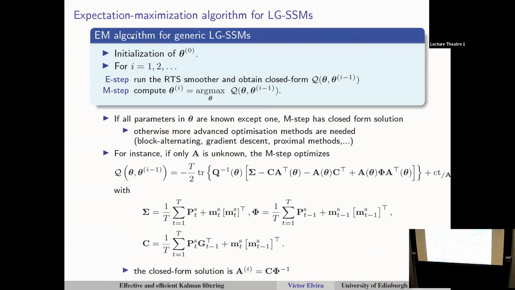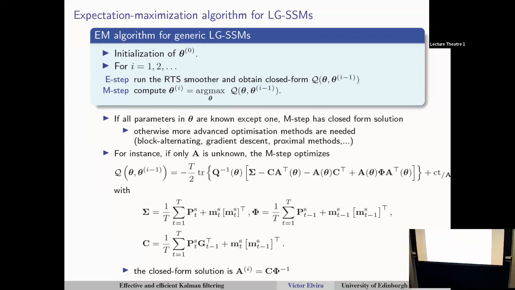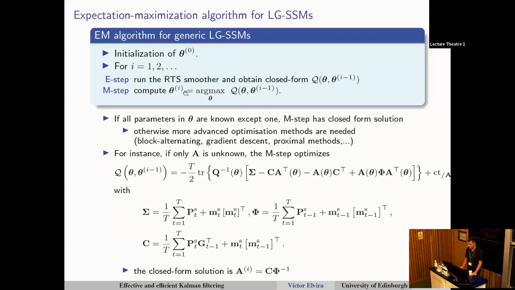Well, you need to run the EM algorithm here, alternating between the RTS smoother, and then you take this function and optimize. In this case, it's a quadratic form, so you can easily find the optimizer in closed form, and you obtain this. It's not always the case. We will see very soon one example where the M step does not have a closed form solution.